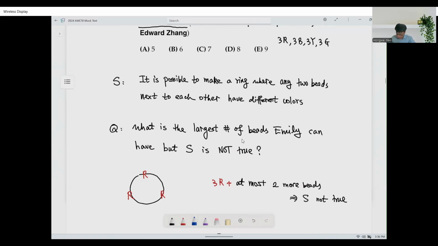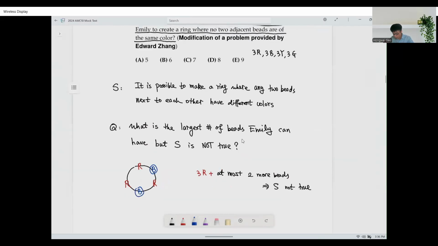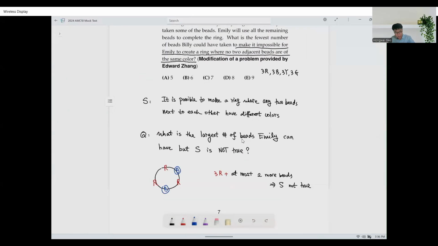For example, I have a blue, maybe 2 blues. We will always have 2 red beads next to each other. So S is not true. Now we can see that Emily can have at most 5 beads. So the answer to this question here is 5.